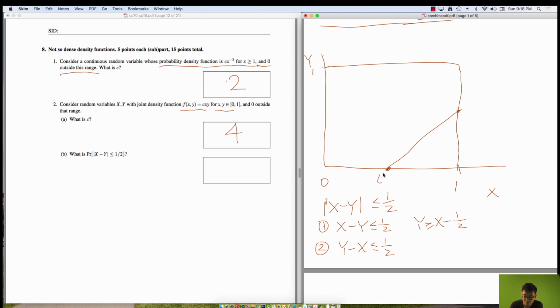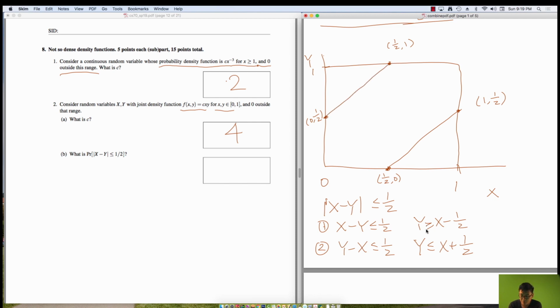So I have the point half comma 0 here and 1 comma half. So this is the line y equals x minus a half, and then I can simplify this equation right here to be y less than or equal to x plus a half. So I can draw the line y equals x plus a half. So it has the point 0, half and half, 1. That's this line right here.